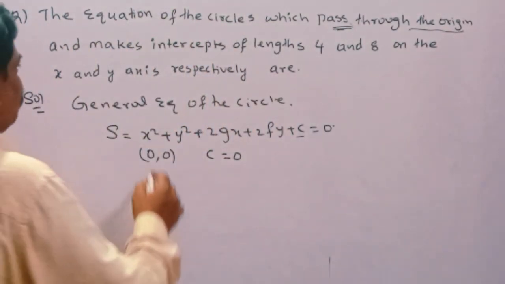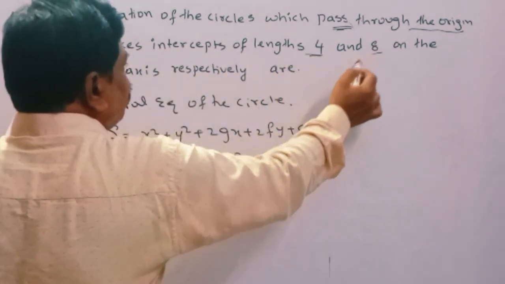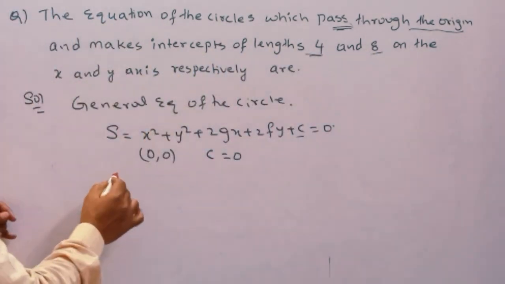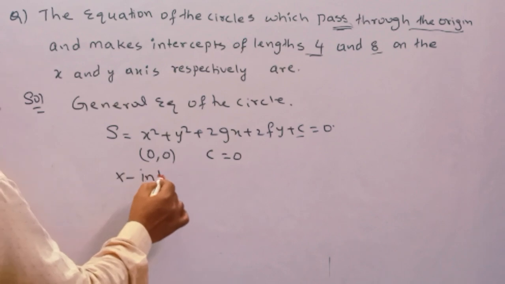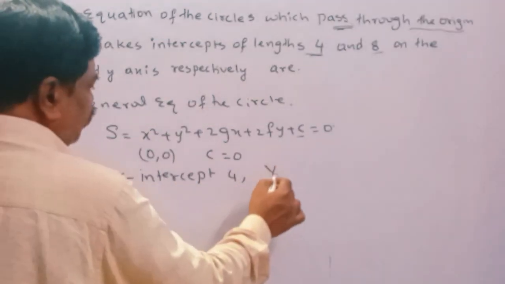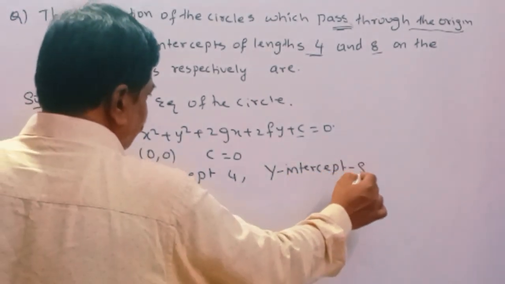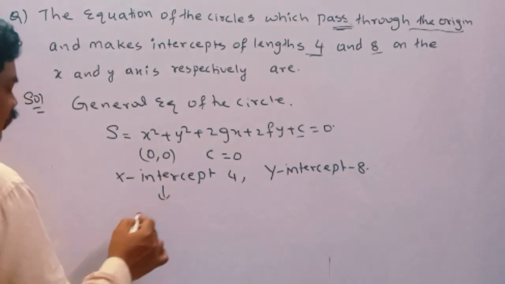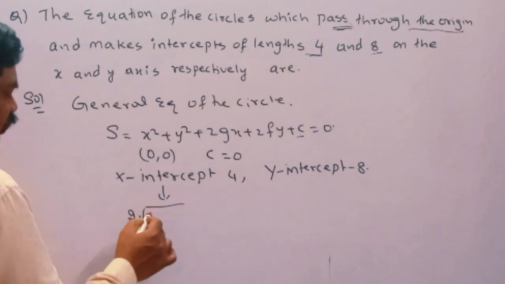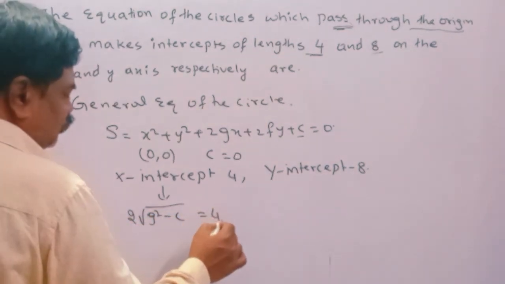And one more, given that it makes intercepts of lengths 4 and 8 on the x and y axis. The x-intercept is 4 and the y-intercept is 8. What is the x-intercept? 2 root over g square minus c is equal to 4.